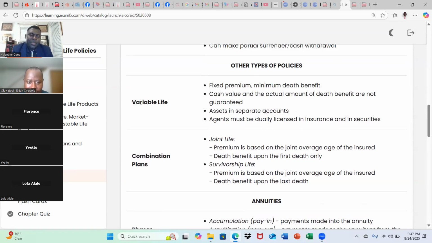Other types of policies: variable life. Remember, to be able to do variable life, you have to have a variable license. You have to have passed a securities license, so you need to have a life producer license and also pass a securities license. Why? Because variable will involve taking people's monies and putting it in the variable sector, investing in stocks and all of that.